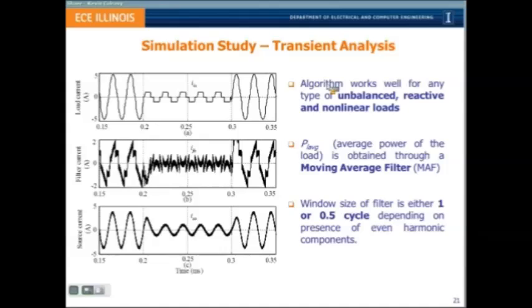Let's now look into the moving average filter, because the maximum time delay that is incurred is only 0.5 cycle, because we have only the odd harmonic components because of the symmetry that is achieved in the common loads. So it's mostly 0.5 cycle. But if there are even harmonic components, if at all they are, then we would need 1 cycle. So at the most it's 1 cycle in the worst case.